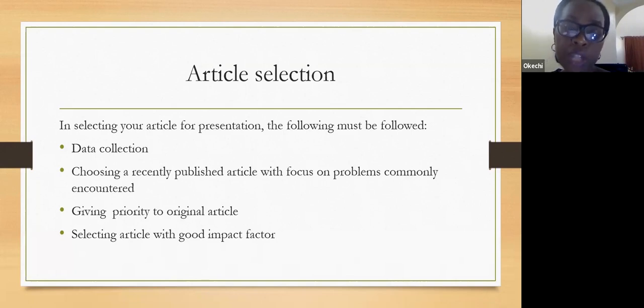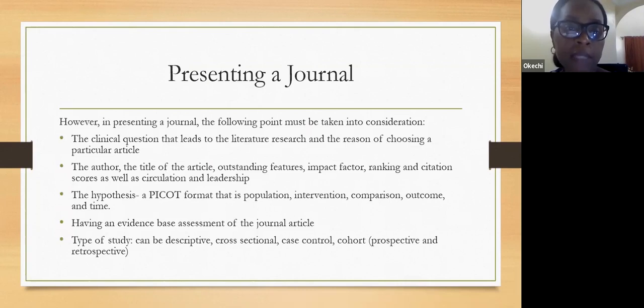Giving priority to an original article, the article originally published on that particular topic, will also help. Then selecting an article with good impact factor. That's what we've been talking about, something that people will want to talk about. And at the end of the day, when the discussion has ended, it will have a good impact on the people who have listened, and also be able to answer the questions they are all asking. Okay, let's go to the next slide.